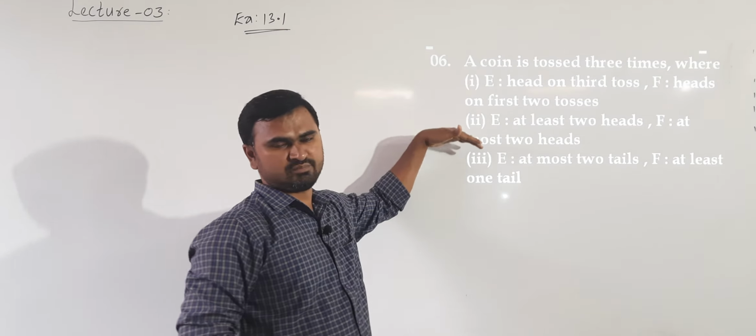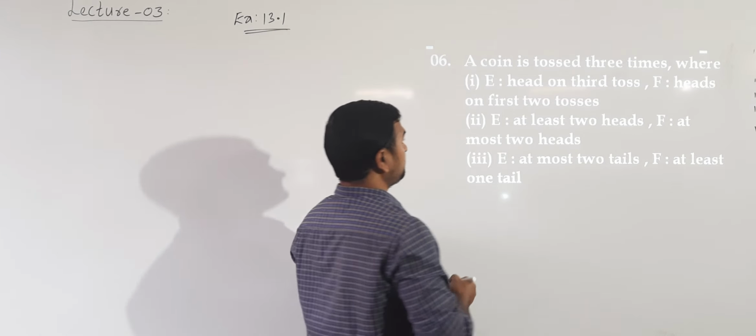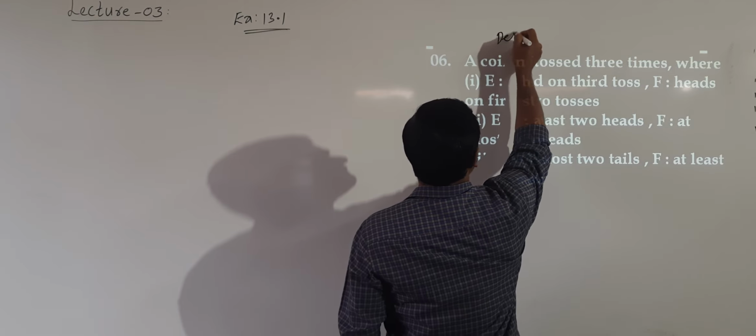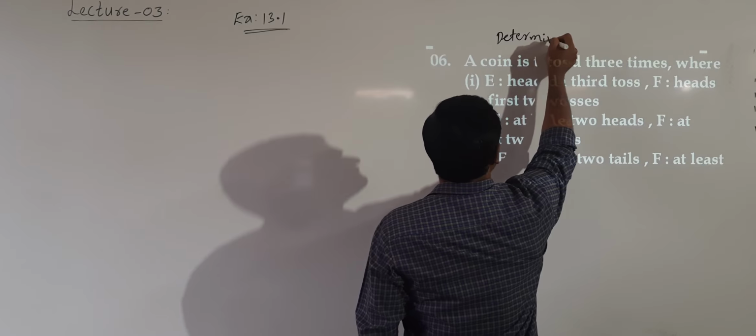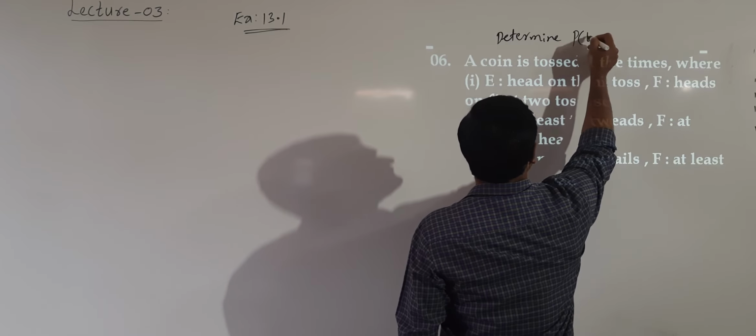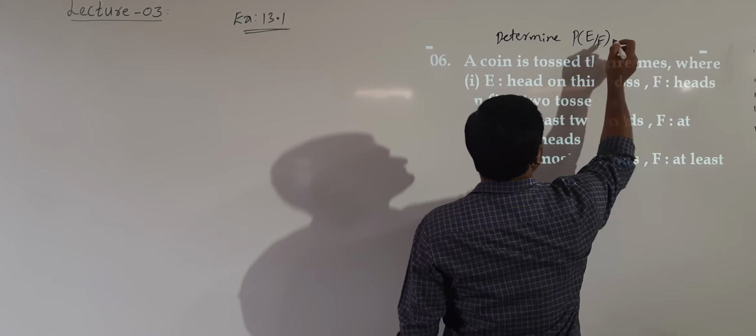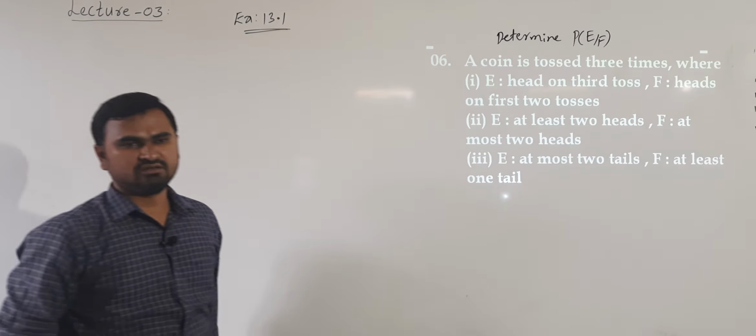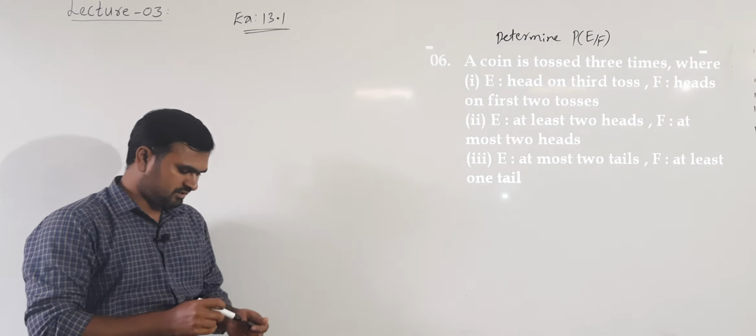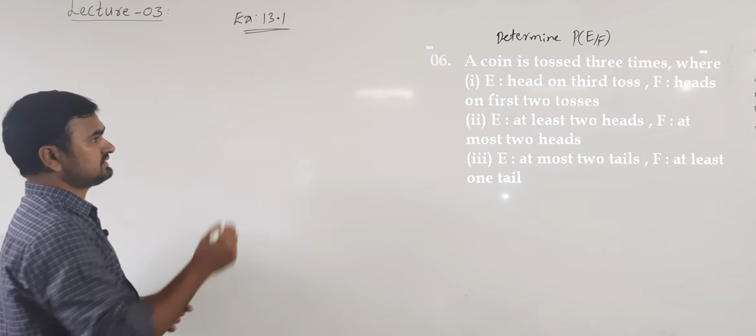So there are 3 parts in this. Here we have to determine P of E given F. Okay, we have to find the value of P of E given F where the events E and F are given. Okay, so what is the experiment here?